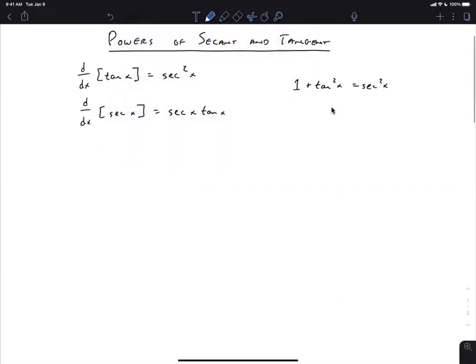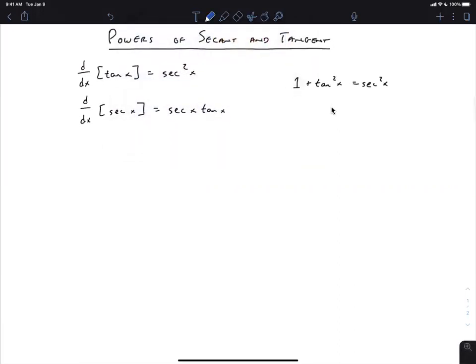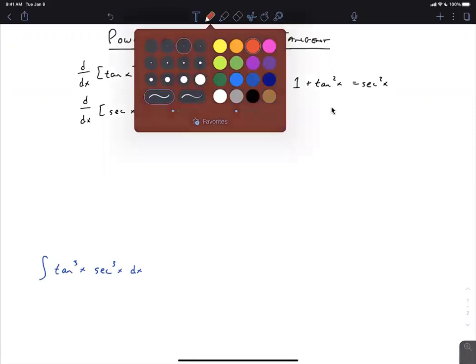So let's say I have the integral of tangent to the third x secant to the third x. All right, so the idea is, we want to figure out which approach is going to work.